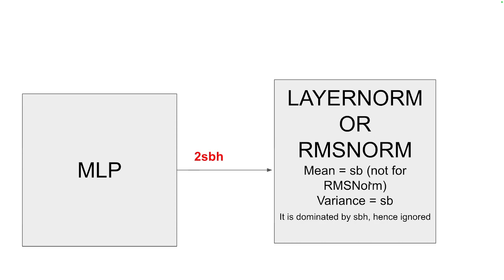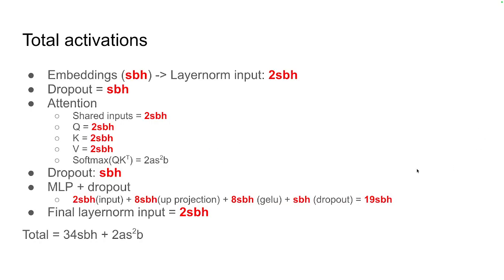And as I said earlier, we are going to ignore the mean and variance, so we are just going to ignore the activations for mean and variance, and we'll just be considering this 2 SBH that goes into layer norm. So that was a long way of saying looking at the total activations. Please feel free to go through the derivations above and see if it makes sense to you.